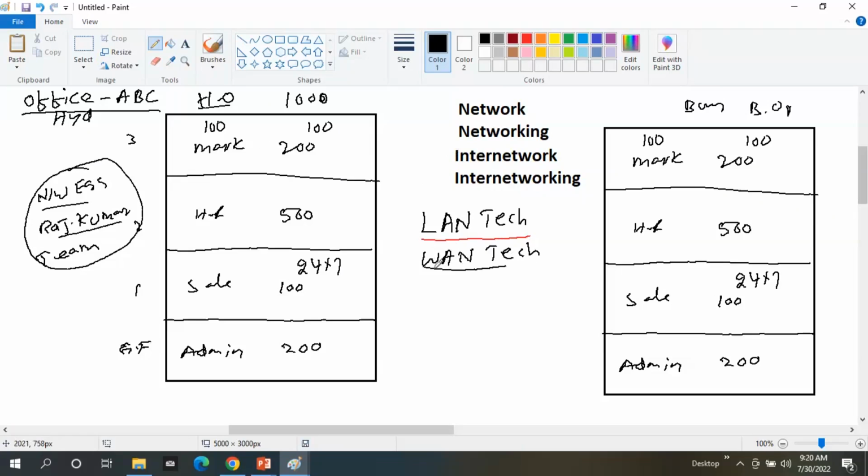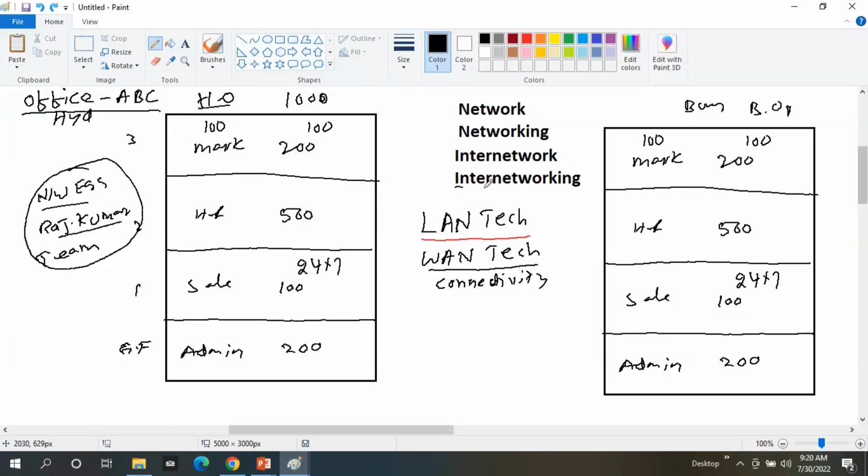WAN technologies will provide you knowledge only for connectivity. Your broadband connection is a connectivity. Leased line connections, MPLS is one type of WAN connectivity. So WAN technologies will provide knowledge only on the connectivity section.